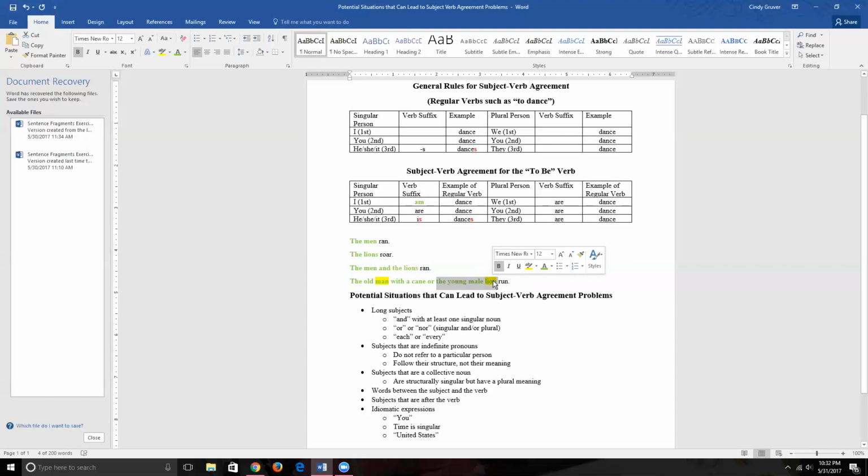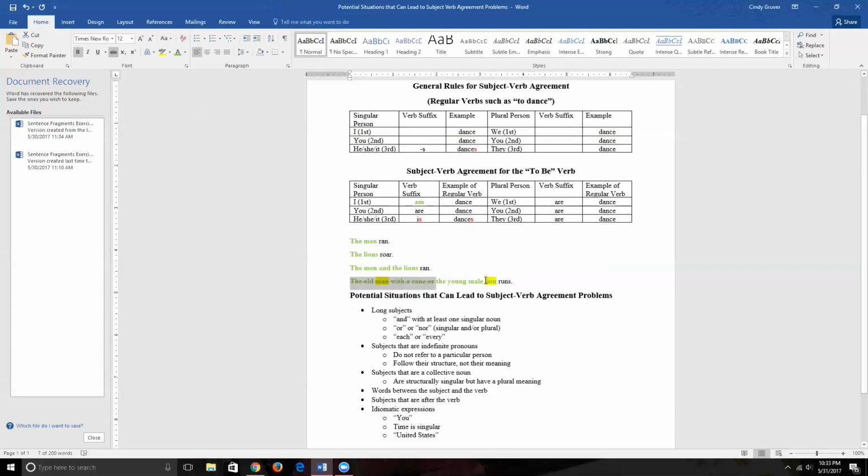So we would say, let's say we don't have the young lion at all as an option. Then we would say the old man with the cane runs, right? Because we add the S when we have a singular third person. But let's imagine that we go through door B, and we're going to pretend like the old man doesn't exist now.